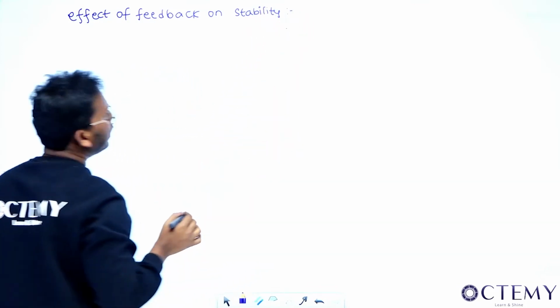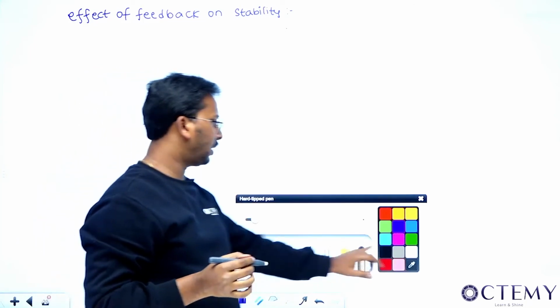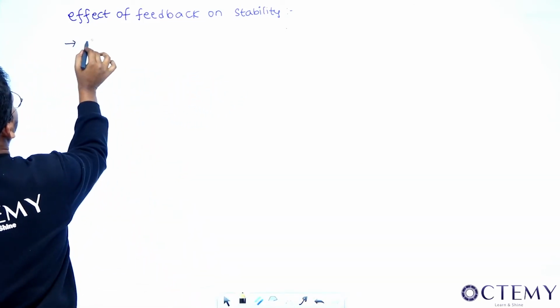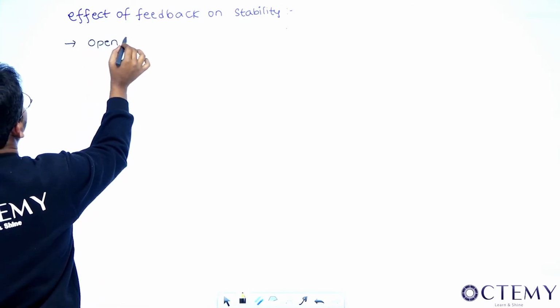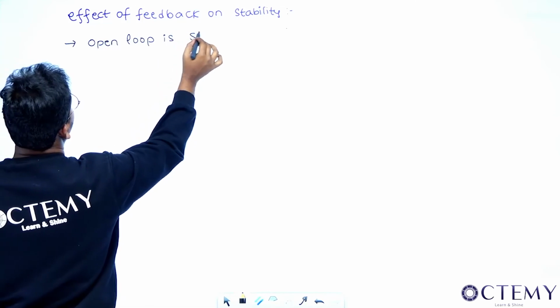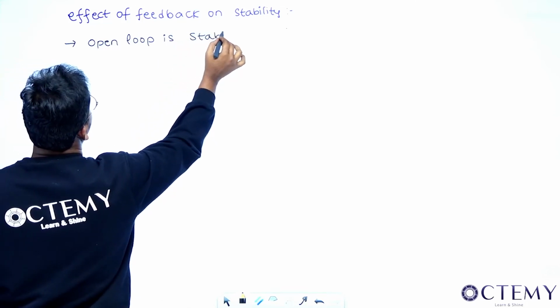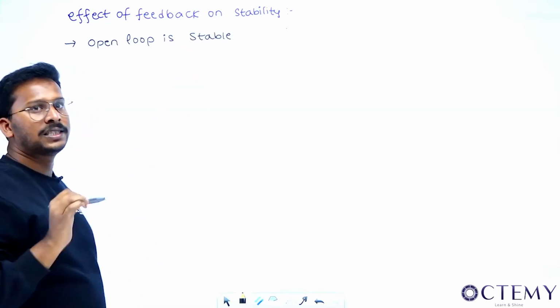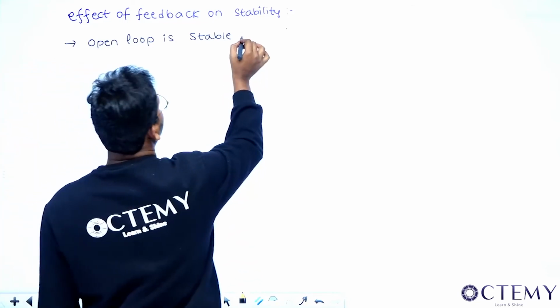Right. This is actually kind of a theoretical topic only, sir, because let me write some points. Open loop system. Open loop system is stable. When will it be stable? If the system design G of S is stable.